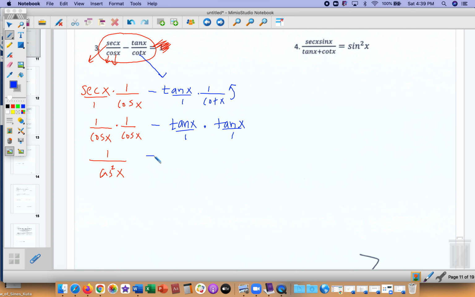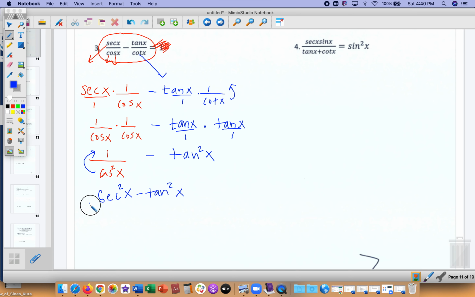We can write this as negative tan squared x. Over here, we can write this as secant squared x minus tan squared x.